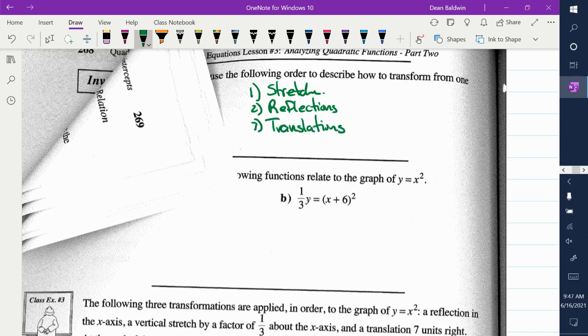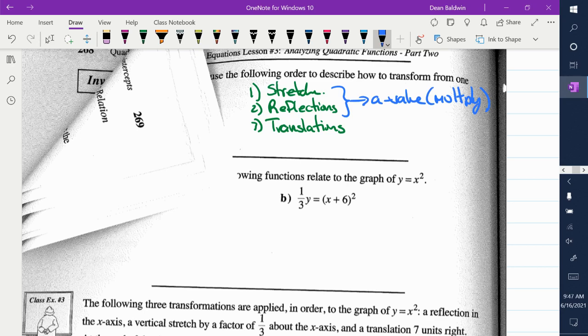Okay. Stretches, reflections, and then translations. Okay. This is the order you go in every single time. You have to remember this order, but it makes perfect sense. You do the stretches and the reflections together because this is your A value. It's multiplying. If it's a reflection, what does that actually mean?